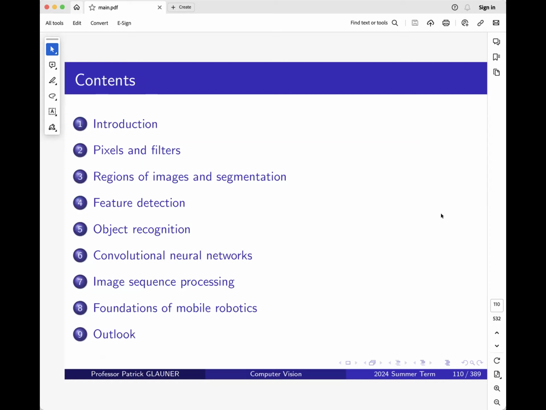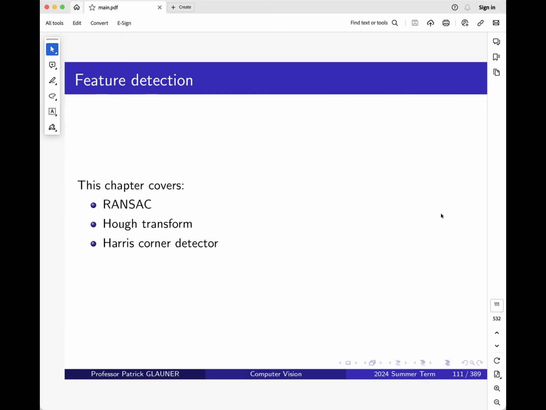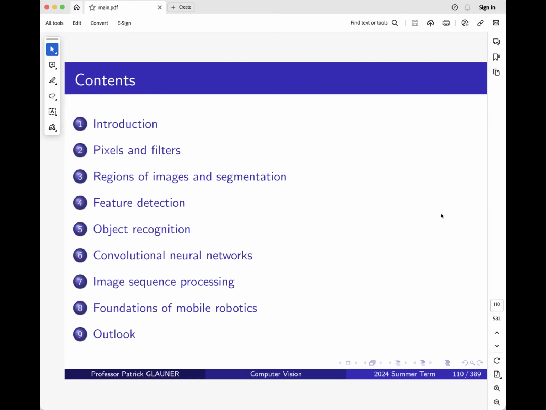And today we are focusing on feature detection. Features are essentially low-level properties in images, and from them we'll do a lot of further work. For example, for a lot of machine learning approaches, so that's what we will be doing in object recognition, we need features from the data.